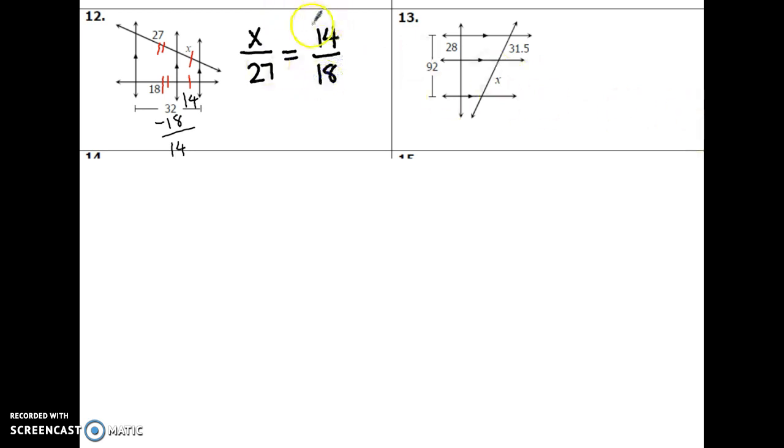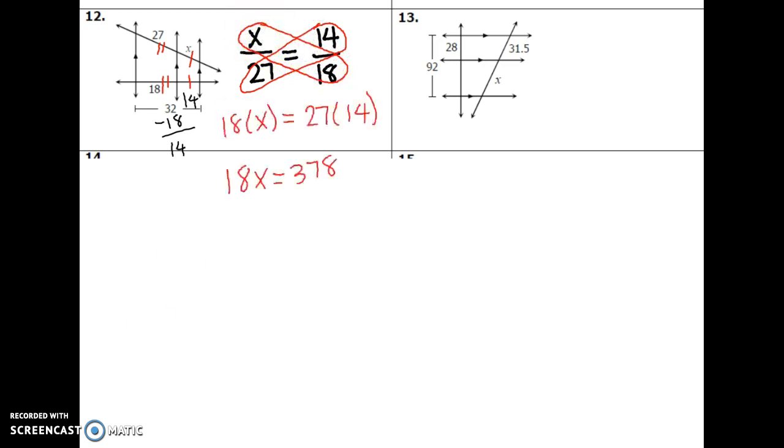And then from here, we can do our butterfly. Butterfly here, butterfly there. Pause this video and set that up. So hopefully you set that up. Let's divide both sides by 18. And x will give you 21. Go ahead, pause this video, try number 13 on your own, and then when you're ready, click play on this video again.